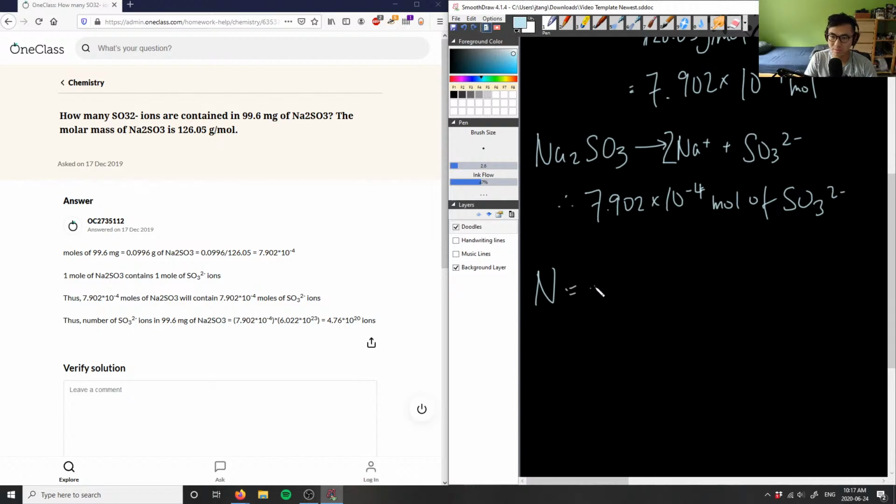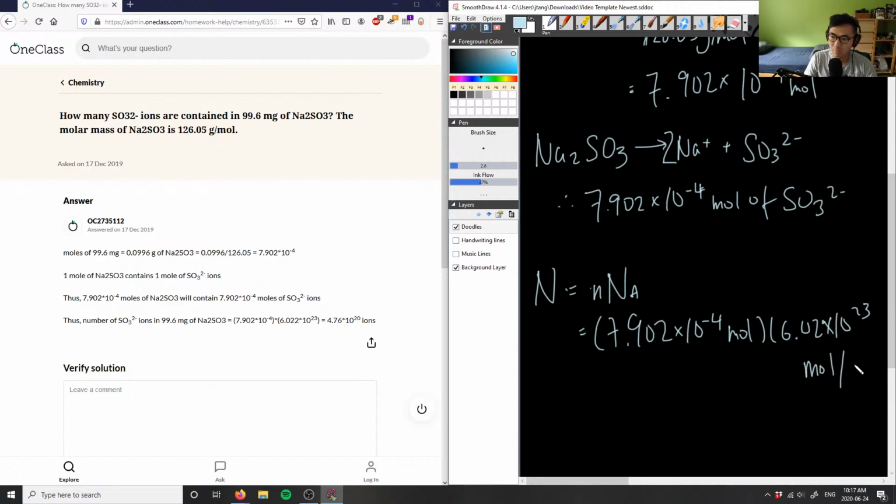It's going to be moles times Na, where Na here is Avogadro's number. So N, again, I have 7.902 times 10 to the negative 4. Multiply by Avogadro's number, which is 6.02 times 10 to the 23. This is moles per, or sorry, this would be ions per mole.